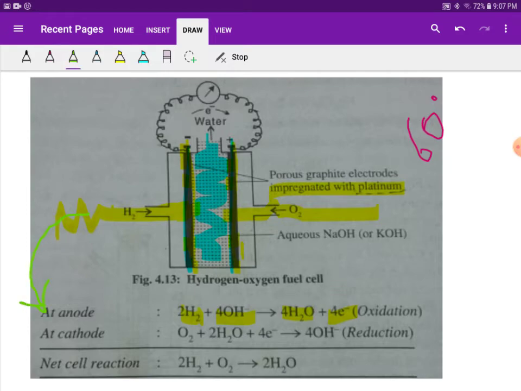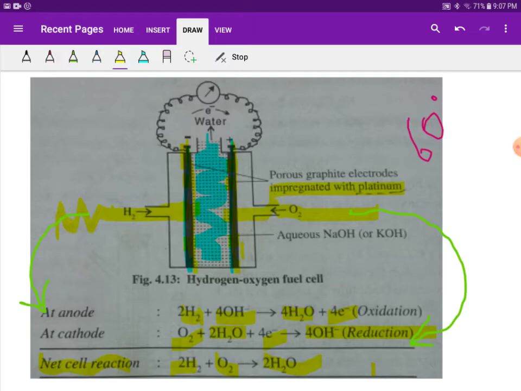On the right side, that is at the cathode, oxygen gets reduced with water molecule, that is O2 plus 2H2O plus 4 electron to 4 hydroxyl ion, that is the reduction. The net cell reaction is 2H2 plus O2 giving 2H2O liquid.